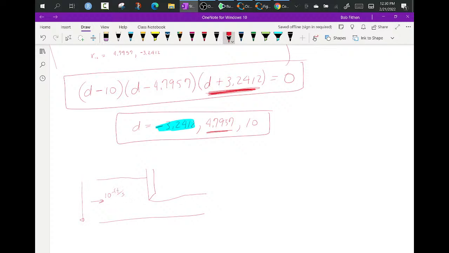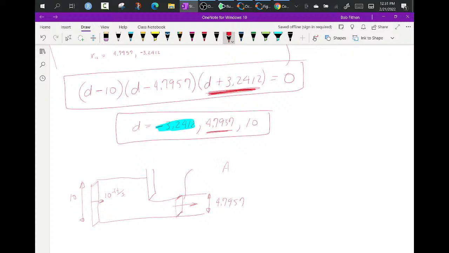There's an elevation of 10. It leaves at 4.7957, and the velocity it's leaving at, you look back at the continuity, you have to remember it's 1 foot into the page, 1 foot into the page here as well.